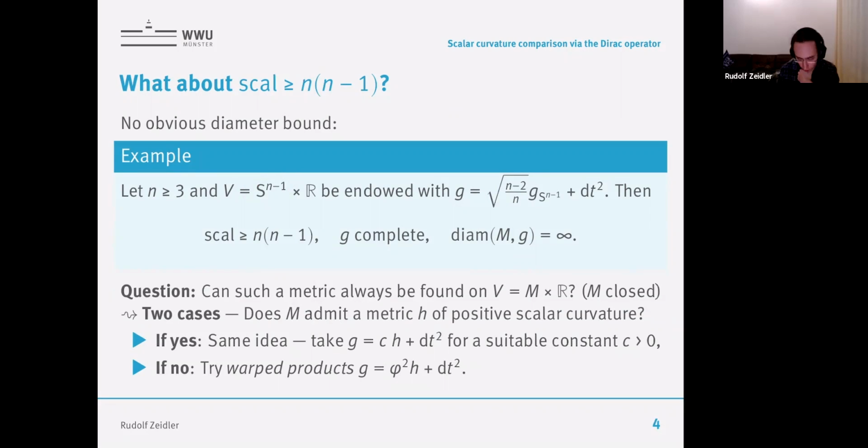And then you just take the product metric where you put the round metric of the sphere on this factor, and you take the Riemannian product with just a standard flat direction. And then what happens to the scalar curvature is that, by definition of this product metric, all the planes that involve this direction and a direction here are going to be flat.